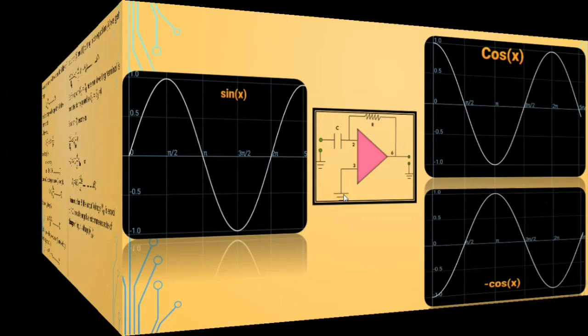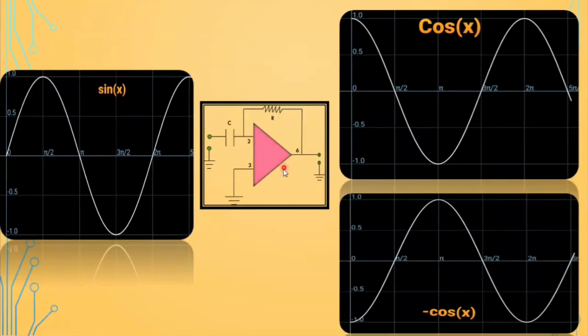So let's check. This is our differentiator. At the input terminal we pass the sine wave signal. Here you can consider this as pi by 2, this as time t, this 2t, this t by 2, this 3t by 2. Here we are passing the sine wave, starting from 0 in this way. In differentiation we will get the cos wave in this way.